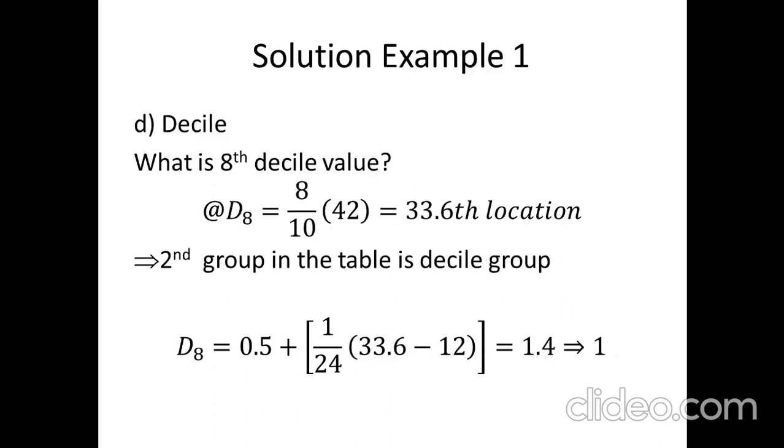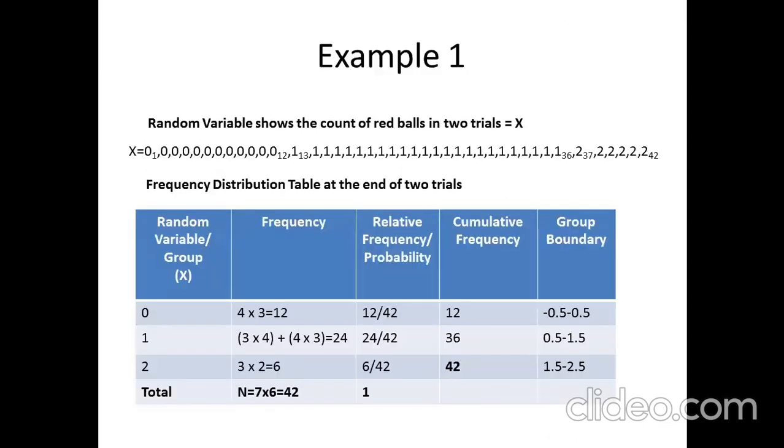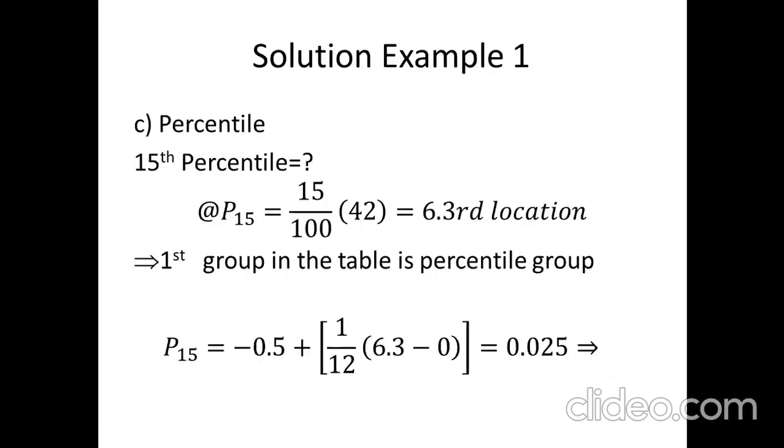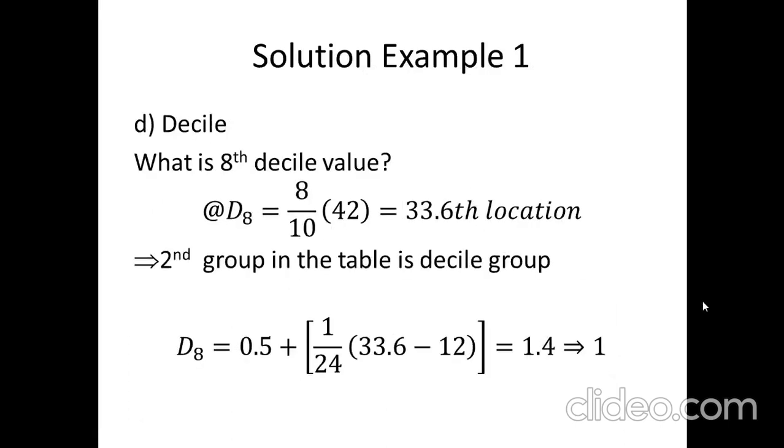Likewise, the eighth decile location is 8 upon 10 into 42, which is 33.6. And we can see from the group table again that this 33.6 location is also in the second group. So this value should also come towards 1. We plug in the values in the equation: the lower value of the class boundary is 0.5 plus the height of the class, which is 1, upon 24, which is the frequency of the group, multiplied by 33.6, which was the factor obtained from 8 upon 10 into 42, minus the cumulative frequency preceding this group, which is 12.